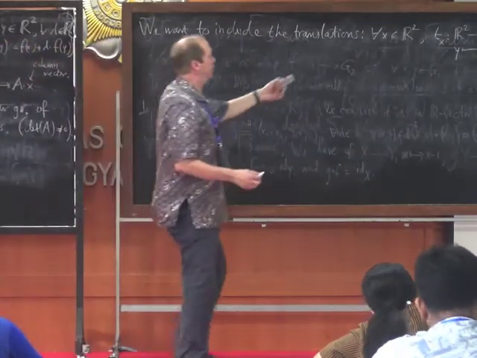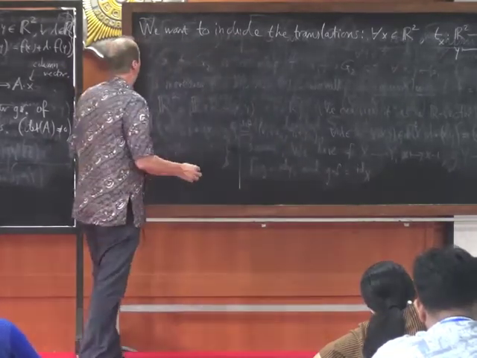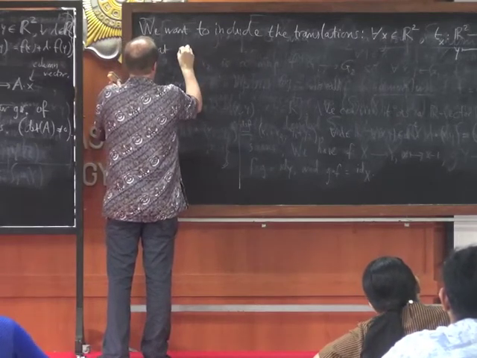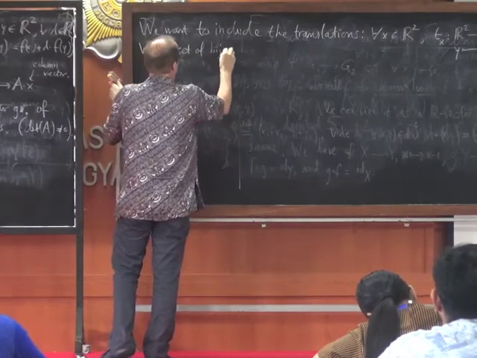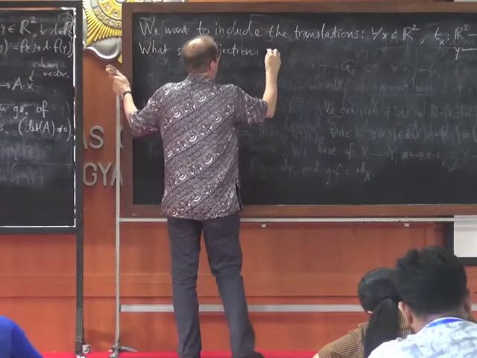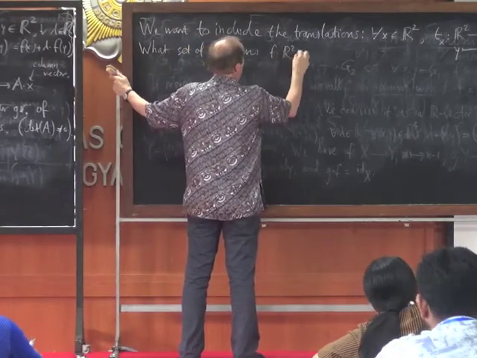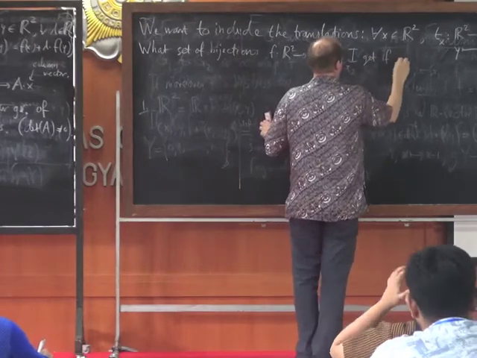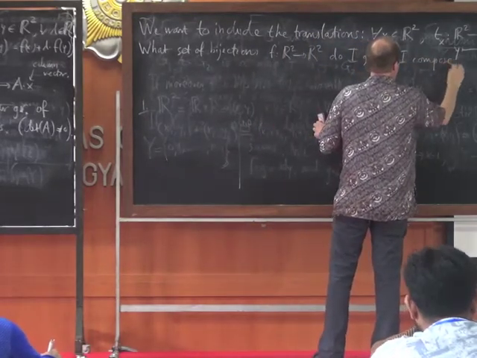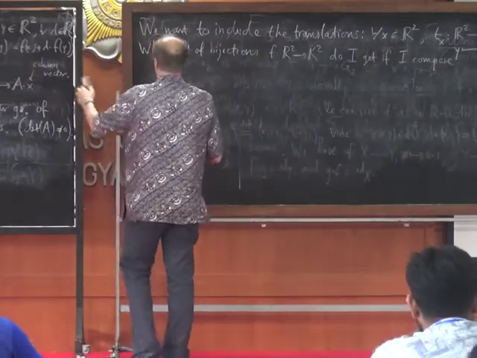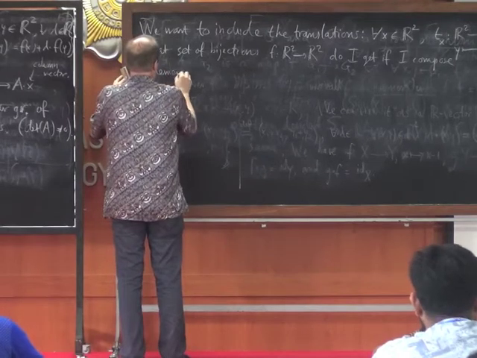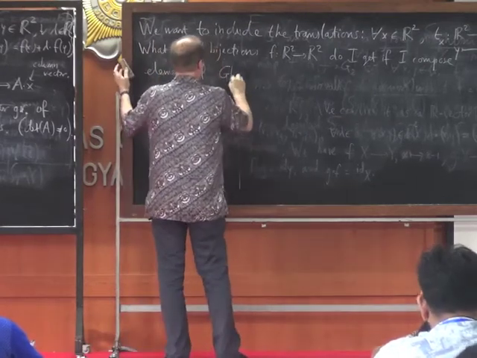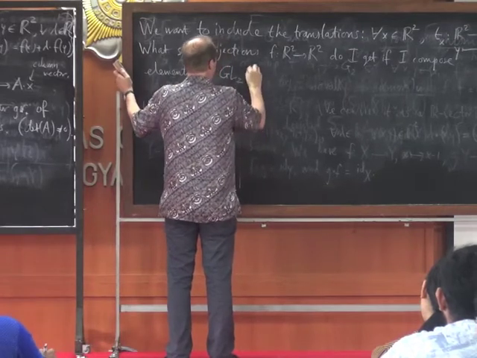So this is the translation, and you could ask what kind of set of bijections f from R2 do I get if I compose linear f's, so elements of GL2R, this is now the shortest notation I have, right?